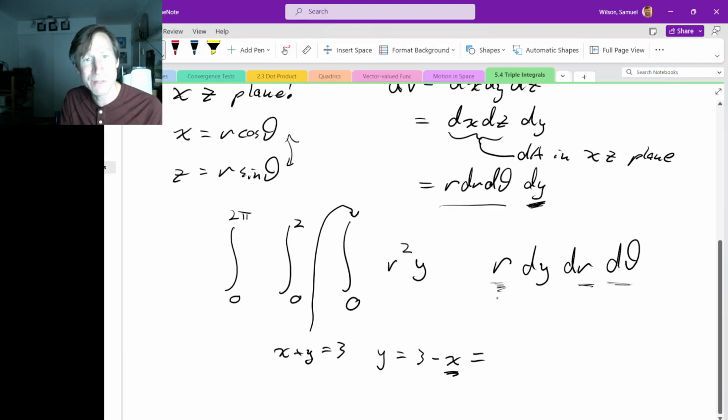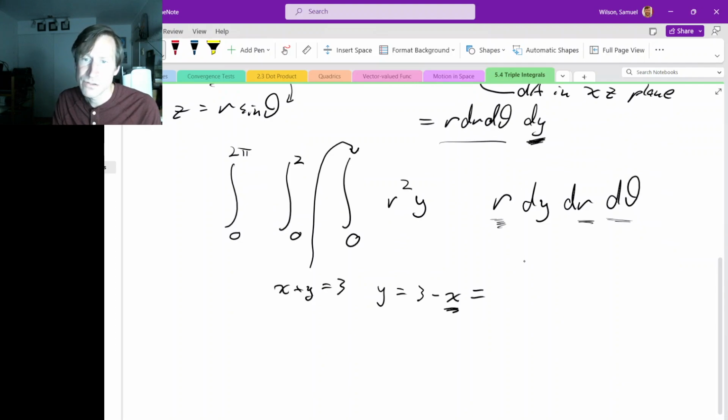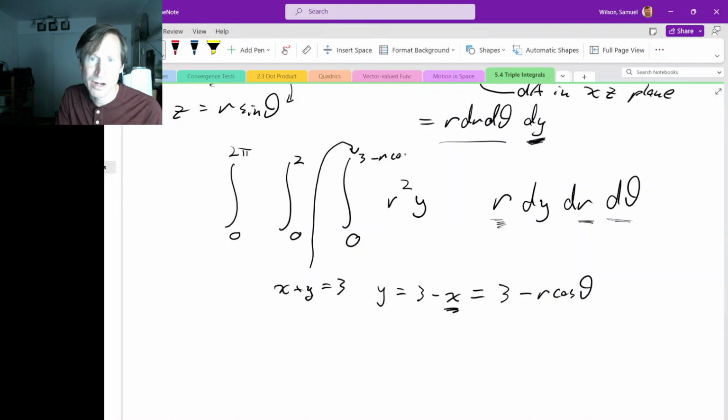And the choice that we made up here is that x is r cosine theta. So we get 3 minus r cosine theta. That is what goes in our upper y bound here. Okay, so now that we have that, I'm going to erase this here so that we can do our integral.